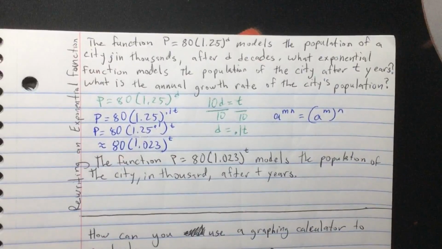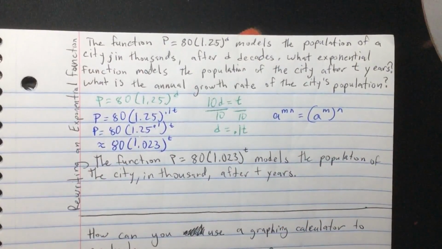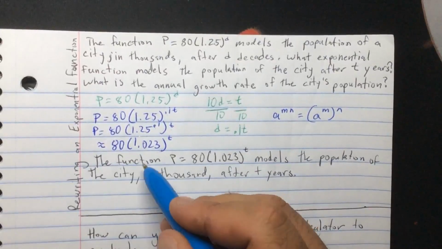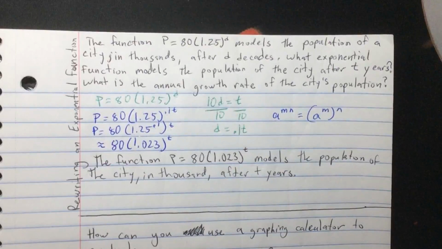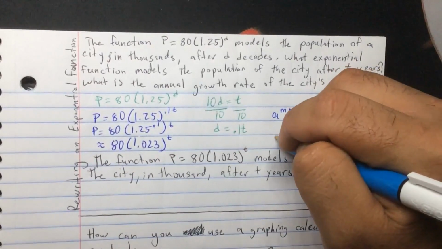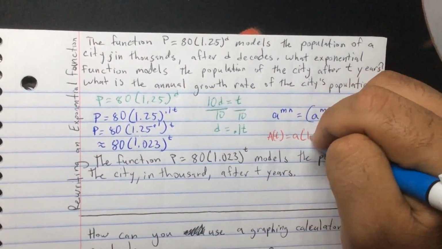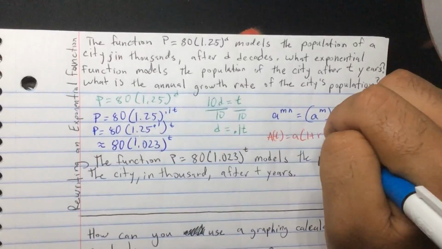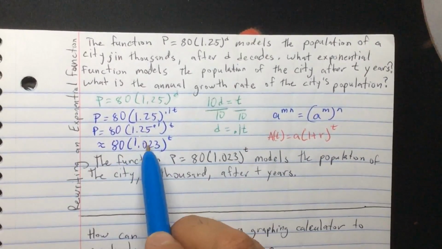Now the second question is asking, find the annual rate. Well, if you guys remember, the annual rate is actually inside the parentheses. If I write the formula over here so you guys can see, it's A to the t equal to A times 1 plus the rate to the t power. So we have 1 plus the rate inside.